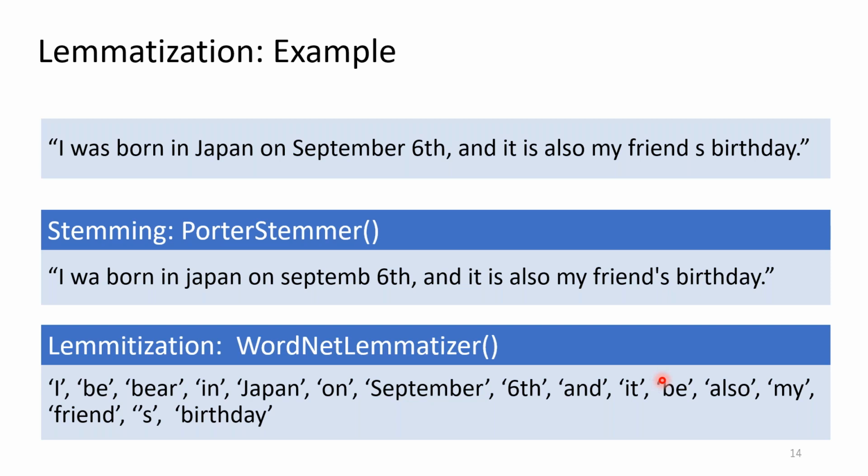The inflected words are transformed into the base form, irrespective of the form in the original sentence. So the words was and is in the original sentence were transformed to be, the base form. And you can see September keeps its original form, so it doesn't lose its meaning.